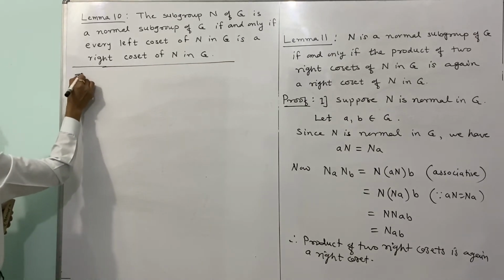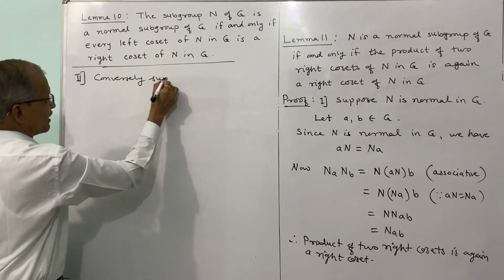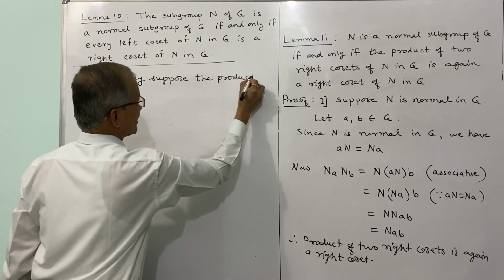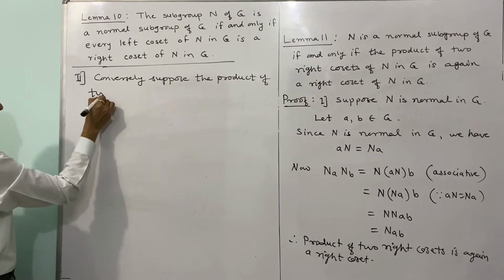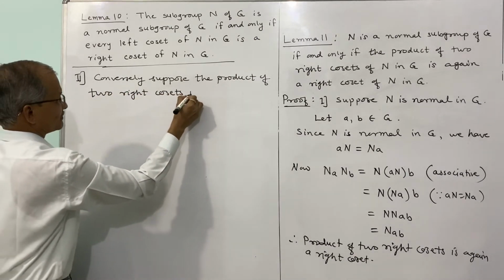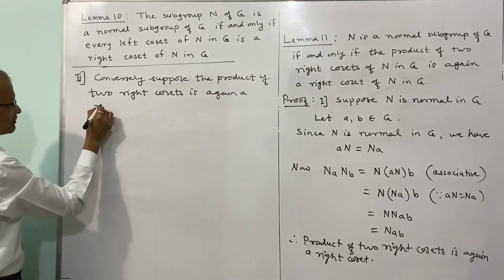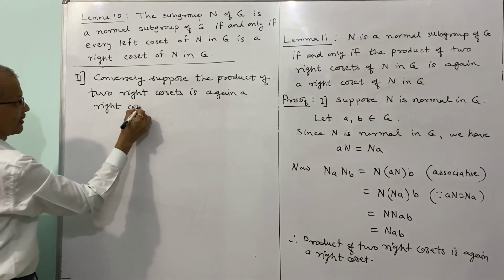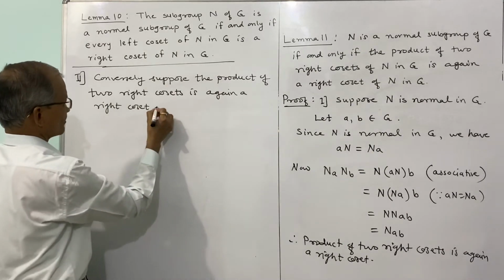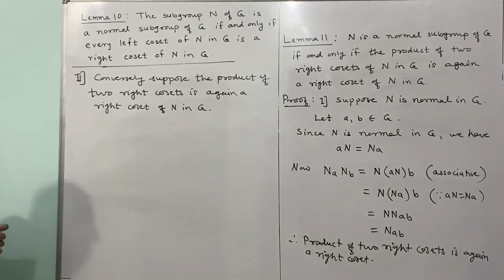Second part, conversely, suppose the product of two right cosets of N is again a right coset of N in G. That we shall consider.